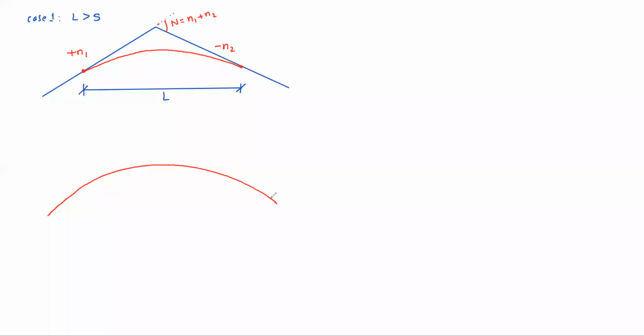So length of the curve is more. Sight distance requirement is less. Suppose sight distance, I will mark here. Something like this.